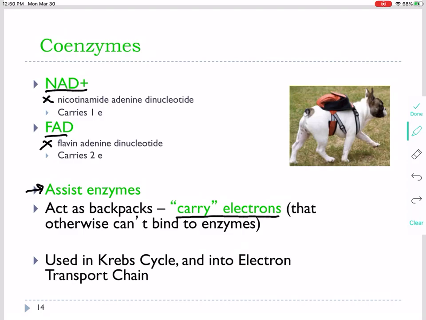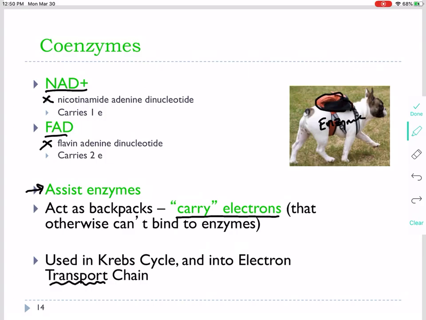We're going to talk later about the electron transport chain as one series of chemical reactions. Well, guess what? In the electron transport chain, we're going to need some coenzymes to carry and transport the electrons. Hence the picture of the cute little dog.